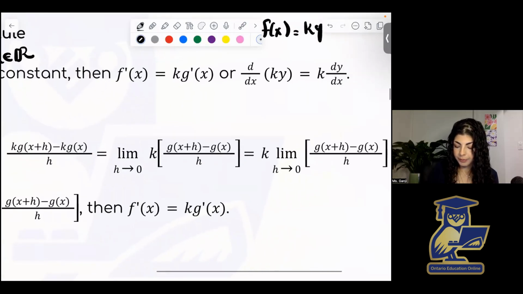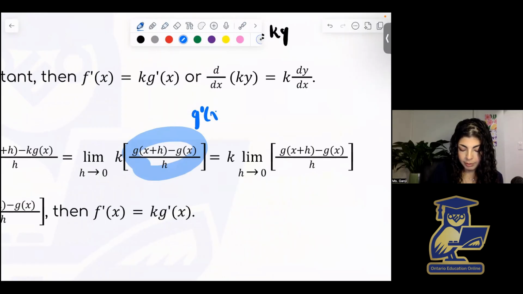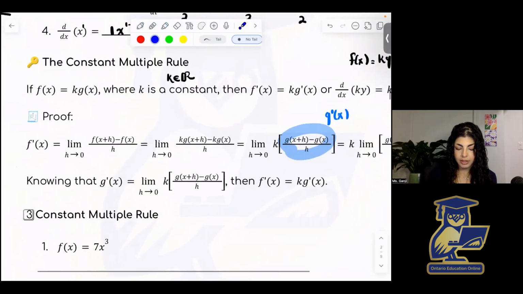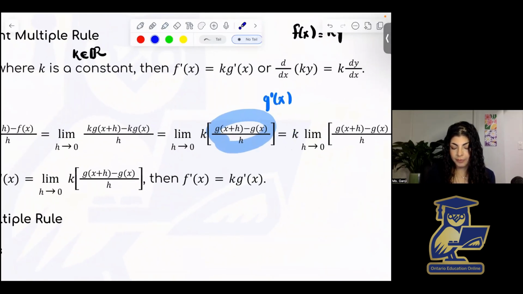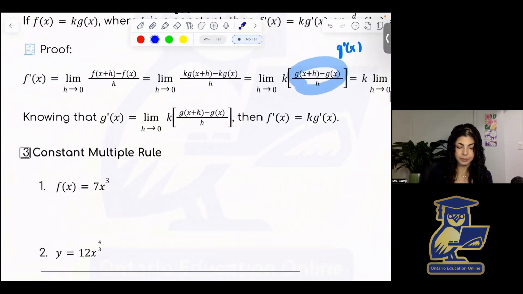But keep in mind, this, oh, maybe let me highlight it. This is actually g prime of x by definition. And so by limit laws, if I bring that k out and I have that limit, then f prime of x is k, this is the k, and this limit is now g prime of x.